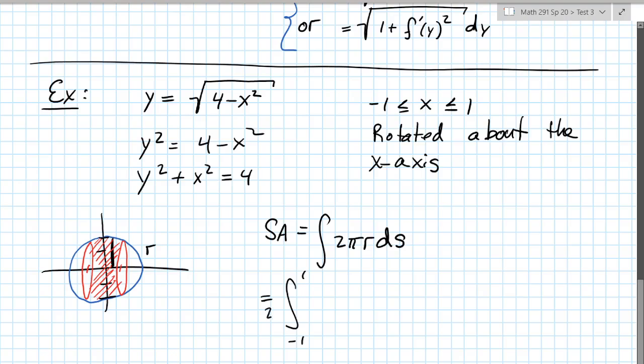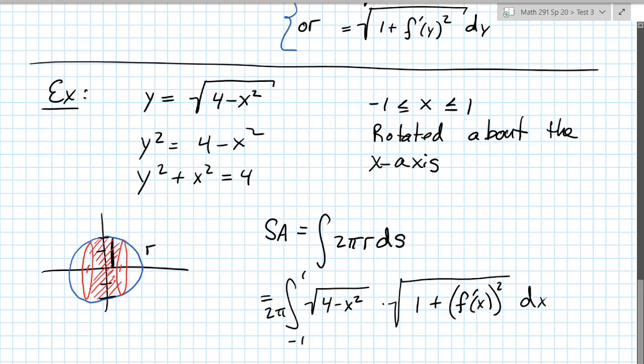We could factor out the 2 pi. Our radius is just the height function, so that would be the y function, square root of 4 minus x squared. Since we're doing this in terms of x, times the square root of 1 plus f prime of x squared dx.